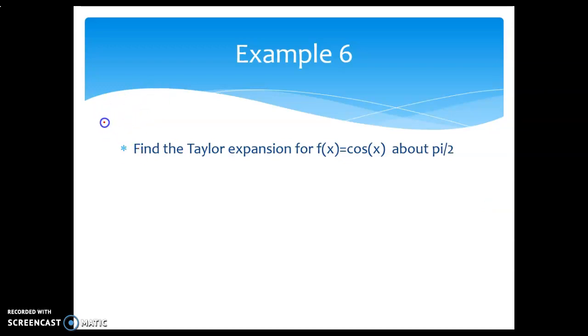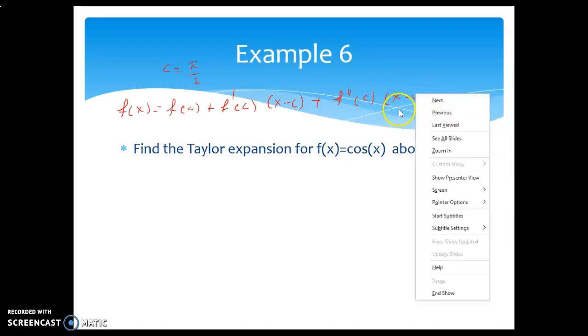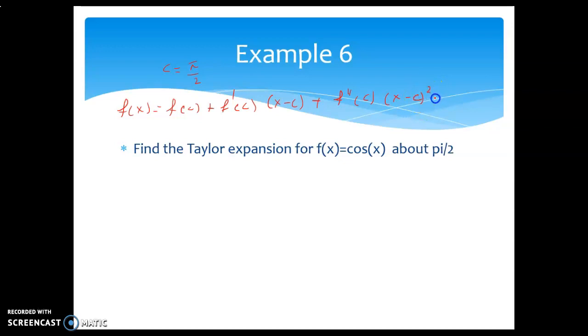We've been doing Maclaurin series, so the Taylor series of that is going to be f of c, where c is going to be pi over 2, so f of c plus f prime of c times x minus c plus f double prime of c times x minus c squared over 2 factorial, and f triple prime of c times x minus c cubed over 3 factorial, and so forth.